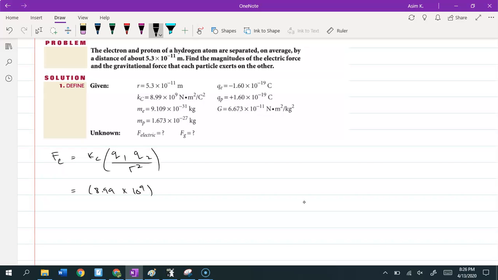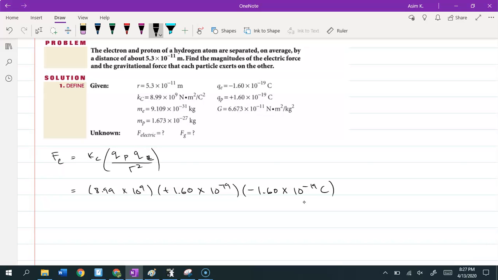I'll leave the units out just to keep the clutter out. All the units are set, they're good. And then comes the electric charge of a proton. Let's say Q sub 1 is a proton and Q sub 2 is an electron. The charge of a proton is positive 1.60 times 10 to the power negative 19 coulombs, and the charge on an electron is negative 1.60 times 10 to the power negative 19 coulombs.